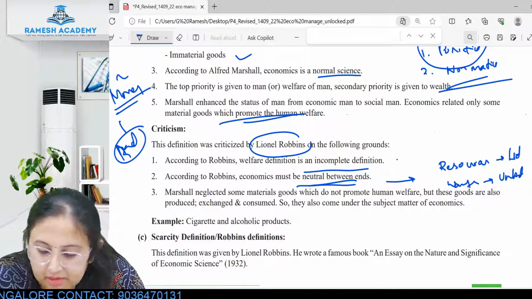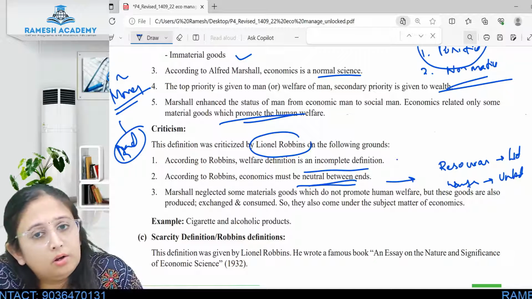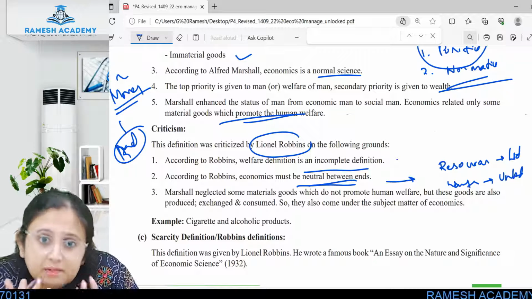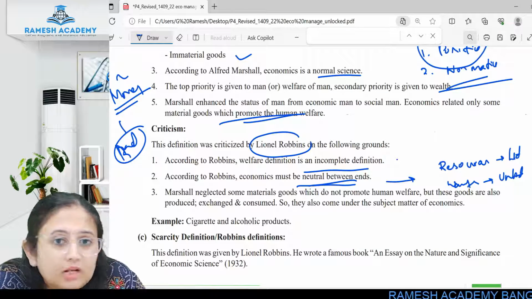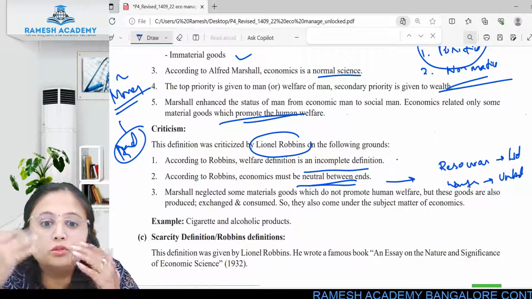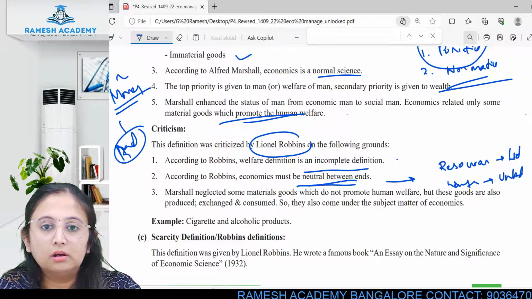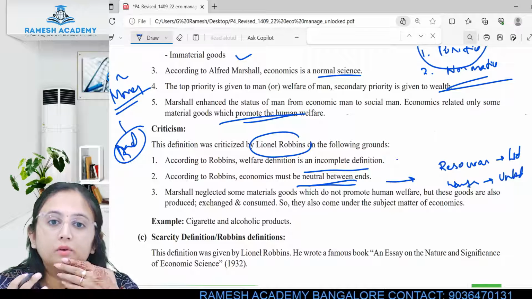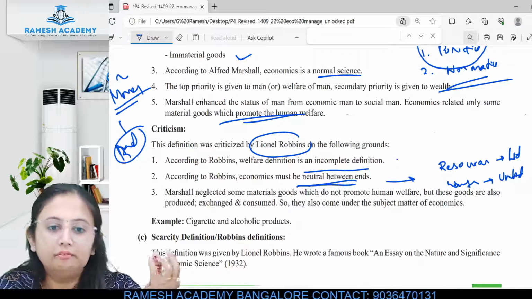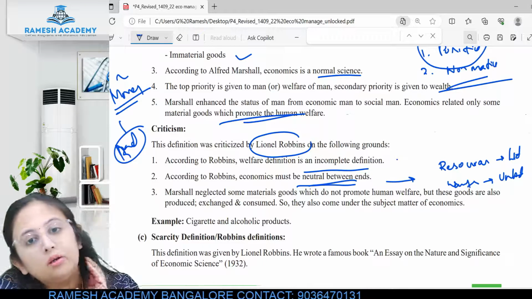If you are only thinking about welfare or wealth, but you are not talking about the limitation, the scarcity, about what you can achieve at the end, what you can reach and what you cannot reach, you are only telling about welfare. Welfare is fine, wealth is fine, everything is fine, but you should also talk about scarcity. That is incomplete.